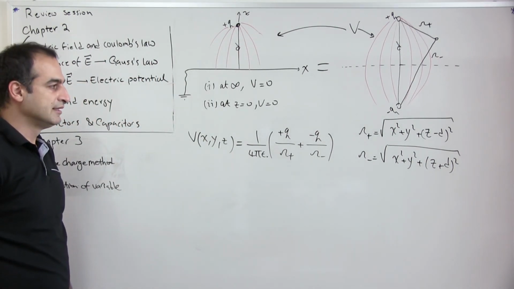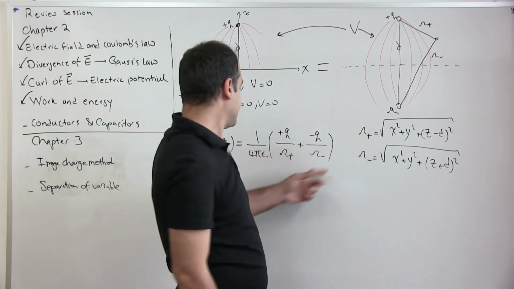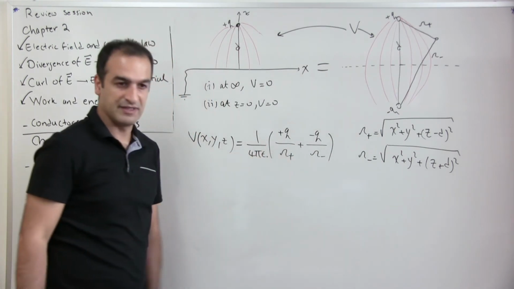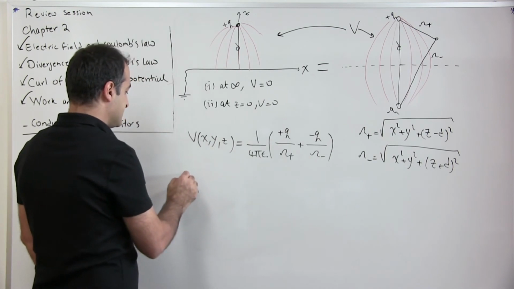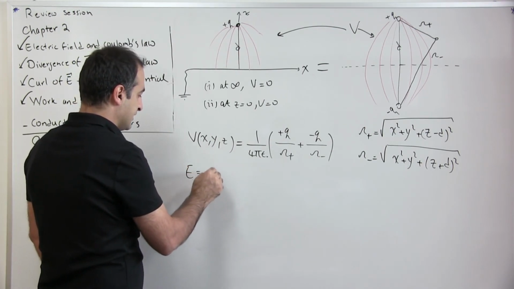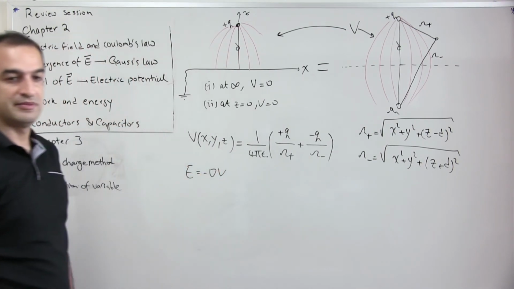Sounds good? So if you plug back here, you technically have the potential as a function of x, y, z, okay? What is the electric field? Electric field is simply the negative of the gradient of the electric potential.